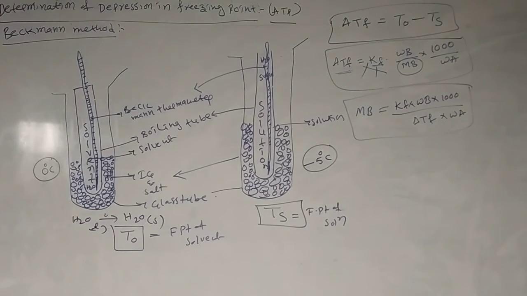Depression in freezing point. First method, osmotic pressure, what we call the Berkeley-Hartley method. Second method, the Beckman method, by which we determined depression in freezing point.